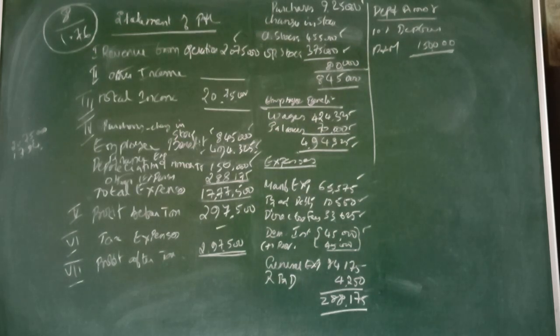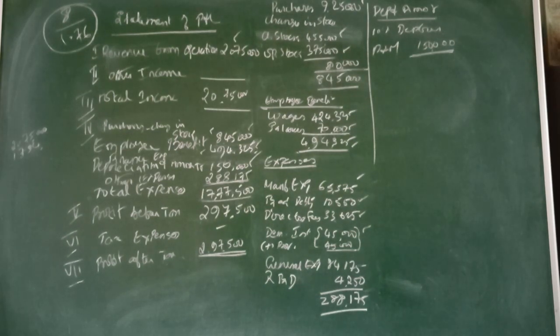The cost of sales we should take is opening stock plus purchases minus closing stock. Whereas in the format it is given as changes in stock, that is closing minus opening, and that amount should be deducted from purchases. In that way both the things are the same.